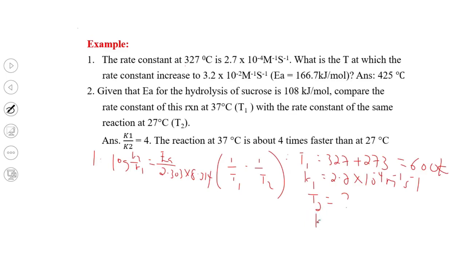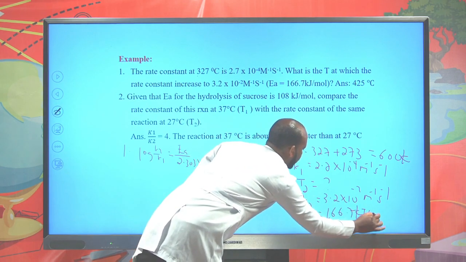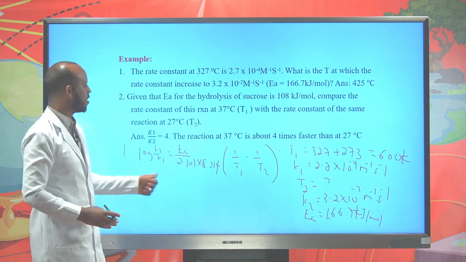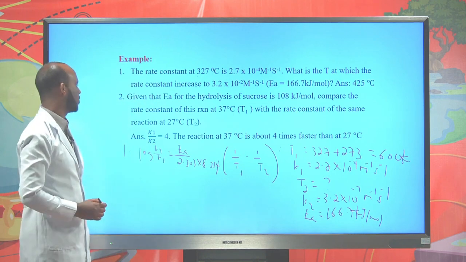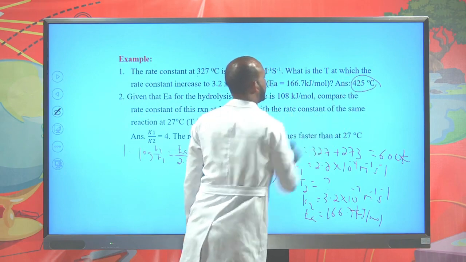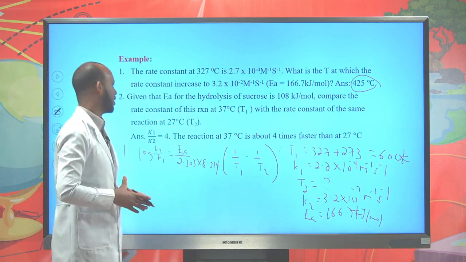K2 equal 3.2 times 10 to the power of minus 2 per molar per second. Activation energy EA is 166.7 kilojoule per mole. Substituting this value in this equation and solving for T2, we get 425 degrees centigrade. Temperature is 425 degrees centigrade.